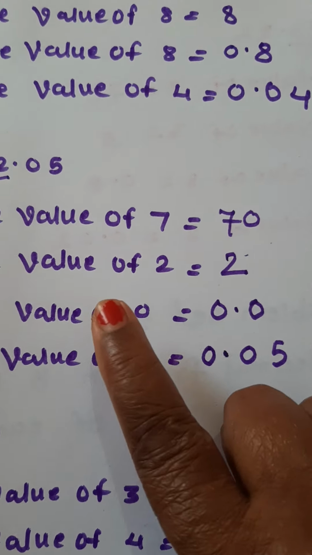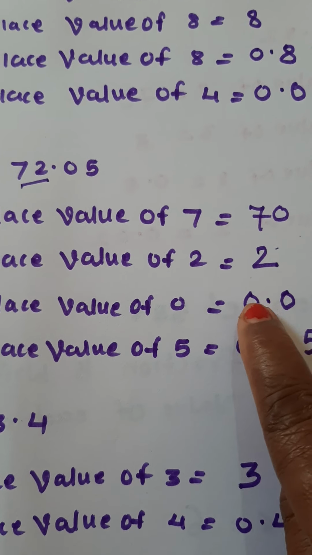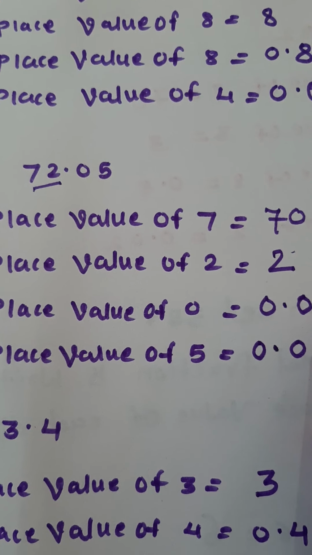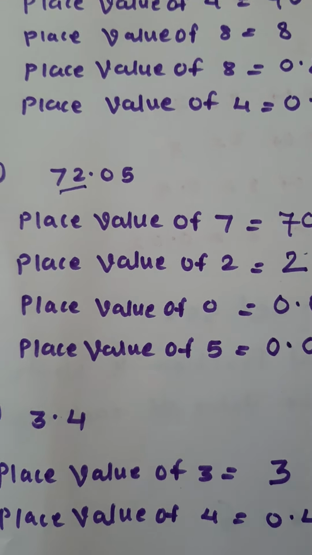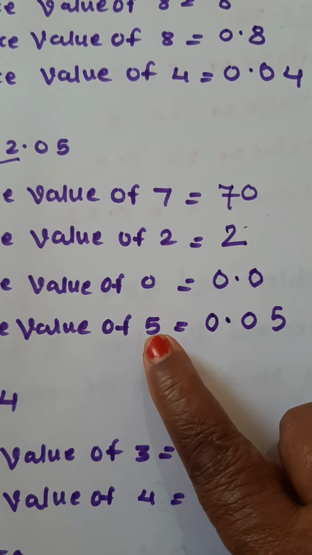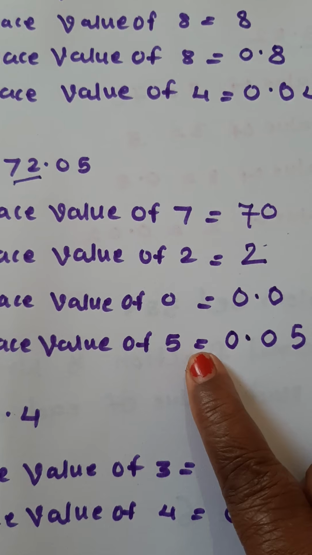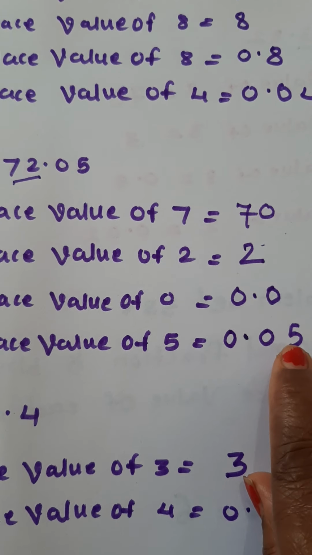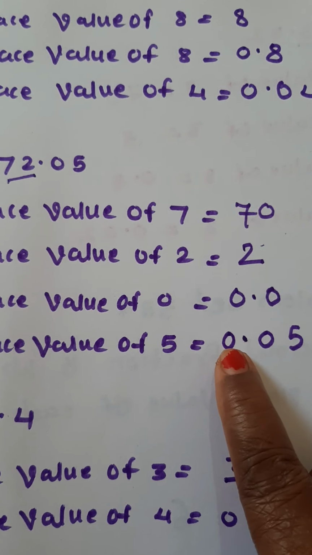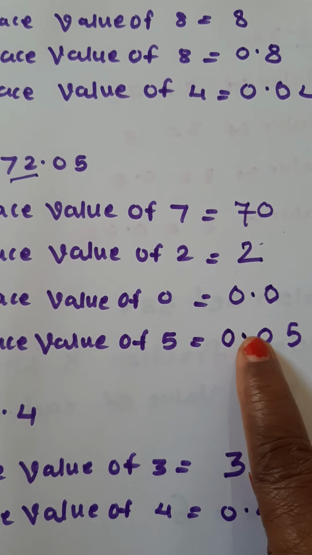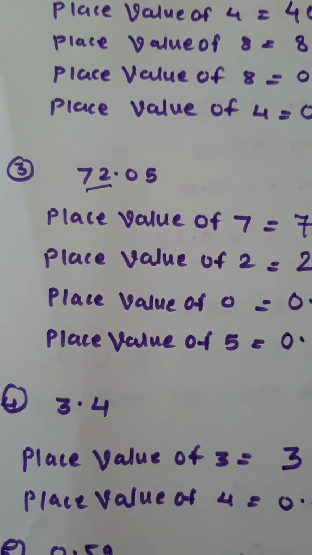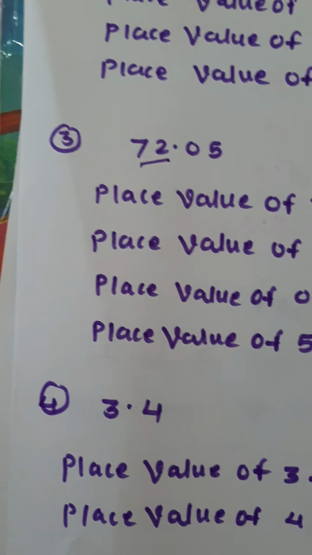After point first digit is 0, so place value is 0.0. Or you can write 0 only, because 0 at any place, its place value is 0 only. And place value of 5, as it is present at second position, means hundredths position after the point, so its place value is 0.05.